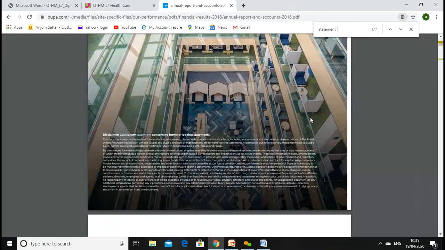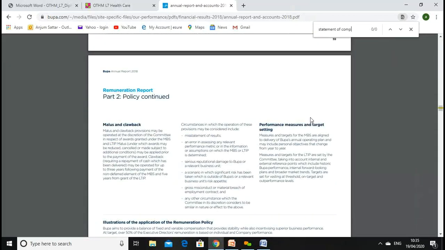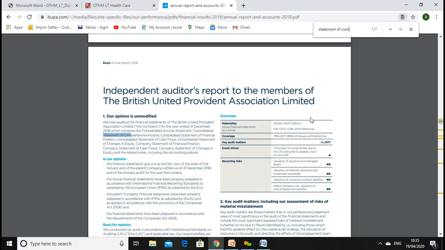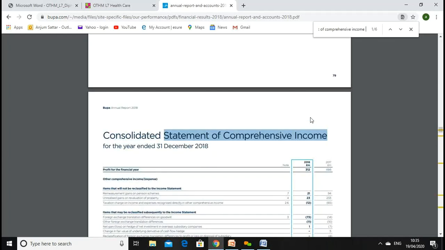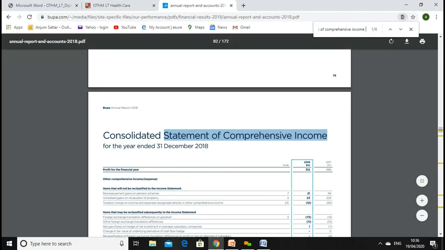So press Control F, type here statement of comprehensive income. You will see there, and that will take us there.